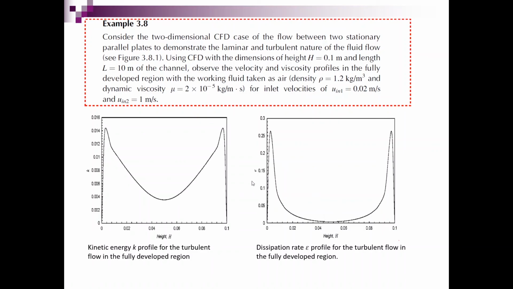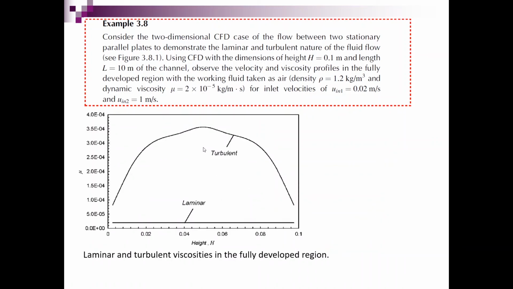So basically the ratio of K to the power of 2 over epsilon, which gives you this mu t, is significant at this point. So that's the reason why we have this high viscosity.